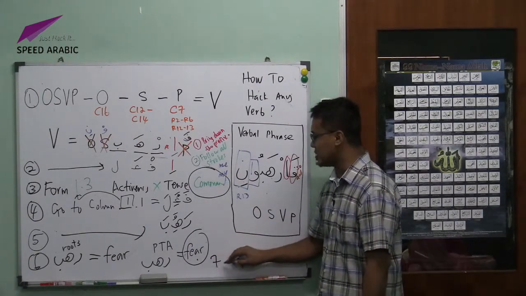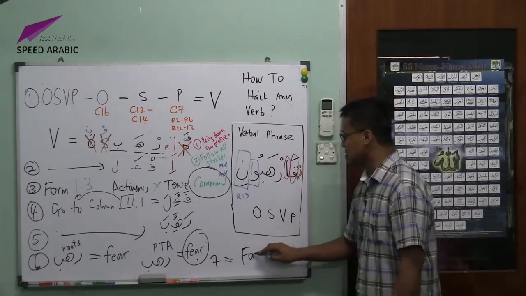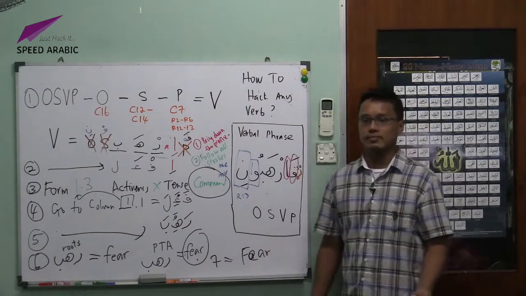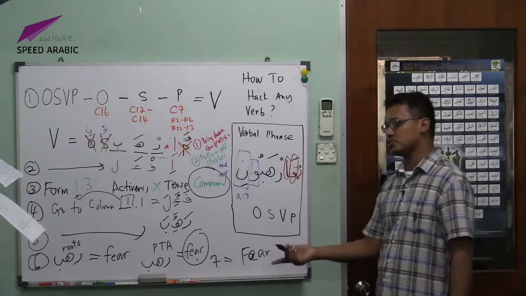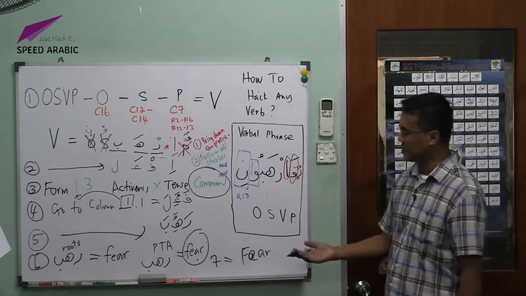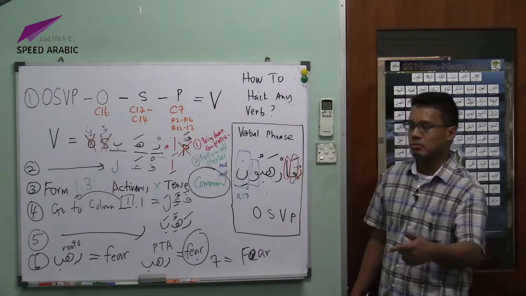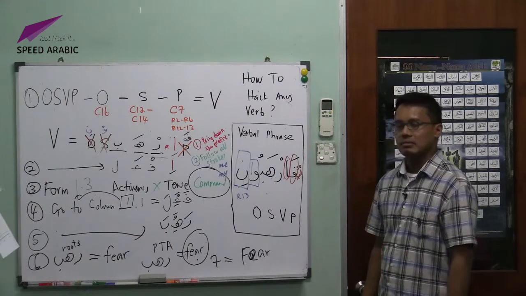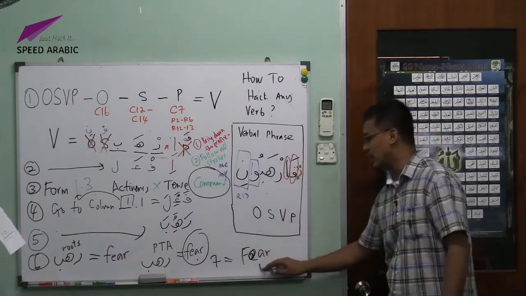So number 7, you will write the meaning as, what's the command of fear? Fear also, right? If you change to past tense, it will be a different thing. So this is fear. But if you change to Malay, it becomes fearlah ataupun takutlah. Okay?